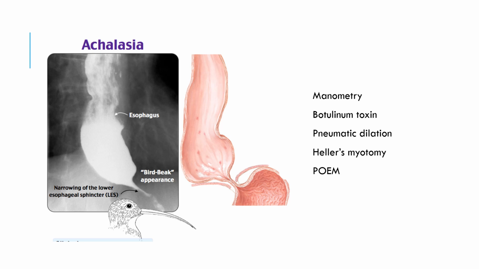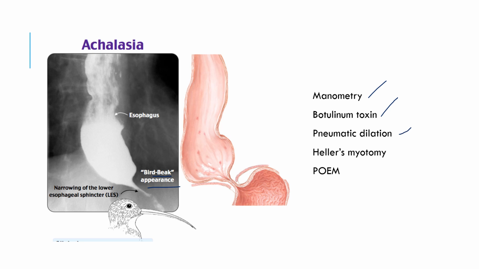I've added a picture of achalasia cardia, due to building up of pressure and the failure of relaxation of the esophageal sphincter. There is dilatation of the distal esophagus, which in a barium swallow is called bird beak appearance. Manometry is a diagnostic investigation. For treatment, you can give botulinum toxin to make the lower esophageal sphincter relax.